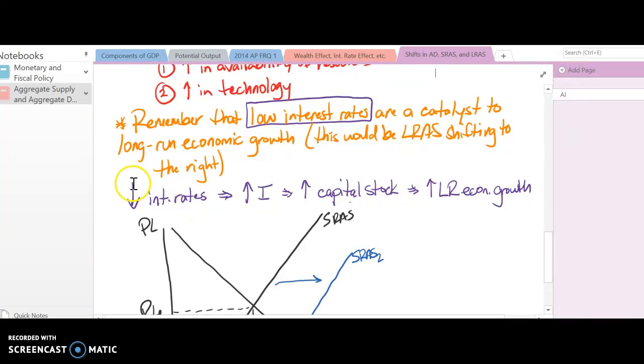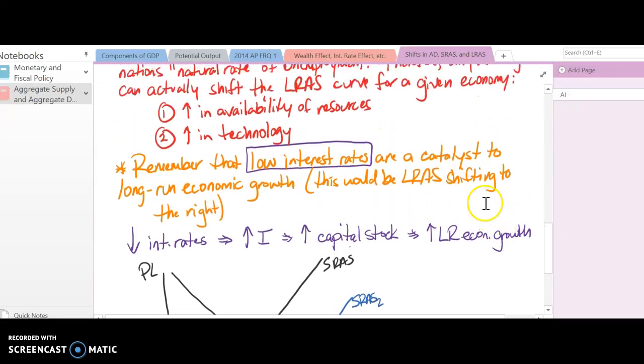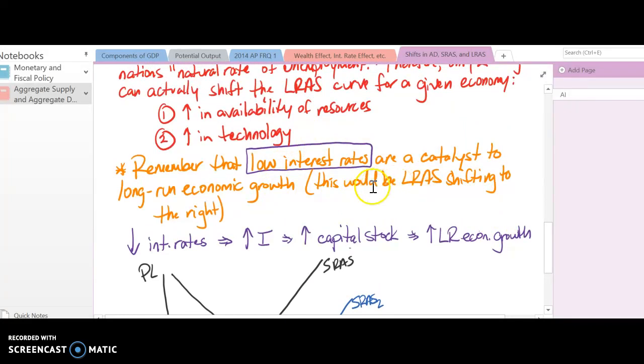A decrease in interest rates will increase investment, which means that businesses are investing more in capital stock. They're buying more equipment, more machinery, doing more research and development. And if they do that, we can have increases in long run economic growth, which would then lead to the LRAS curve shifting to the right.